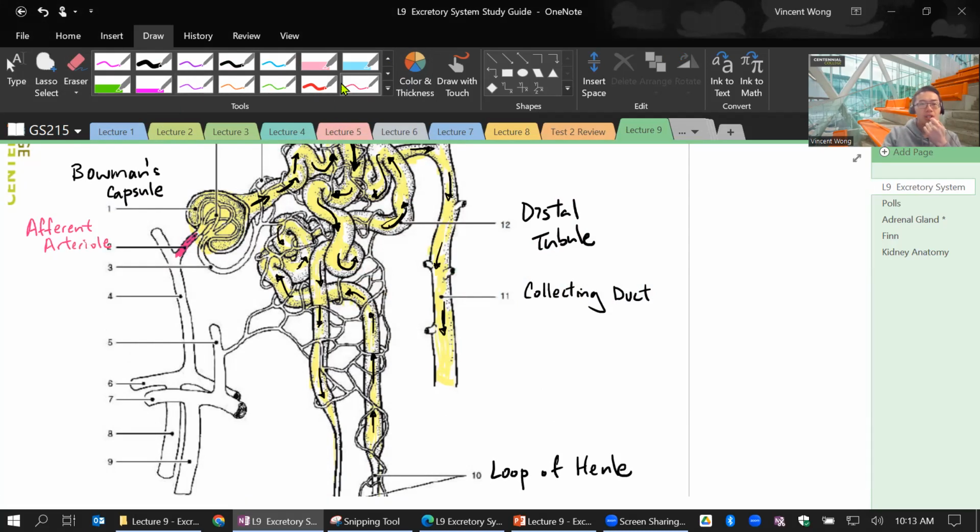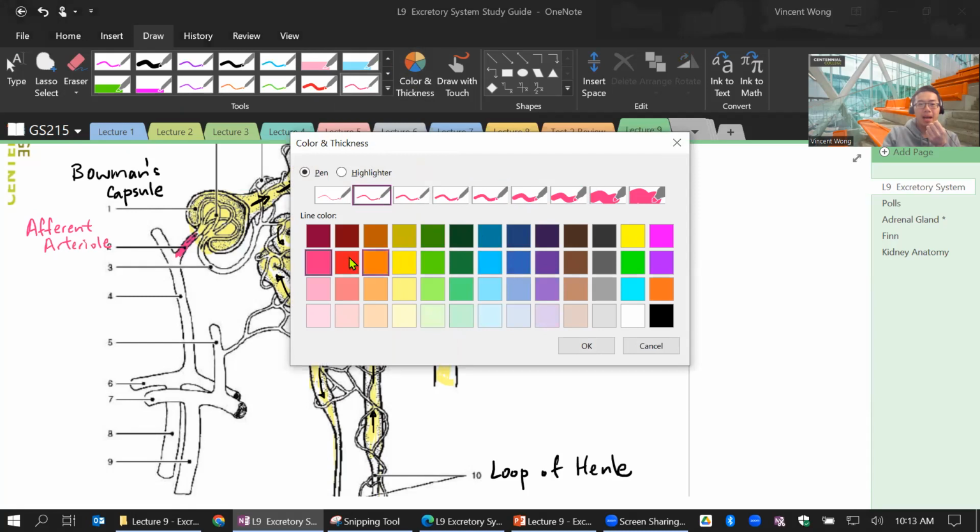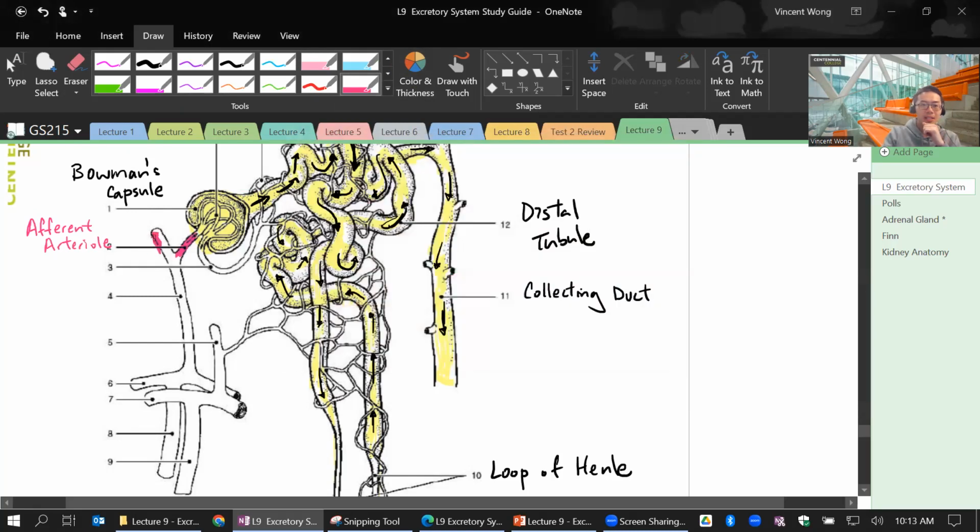Now I am deliberately doing this backwards, because sometimes thinking it backwards is another way to really see if you understand what's going on.